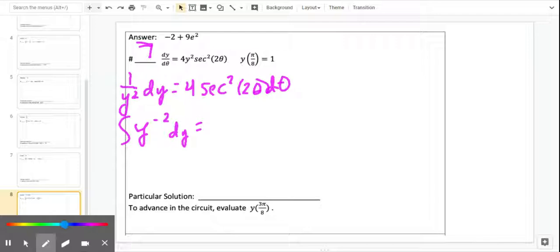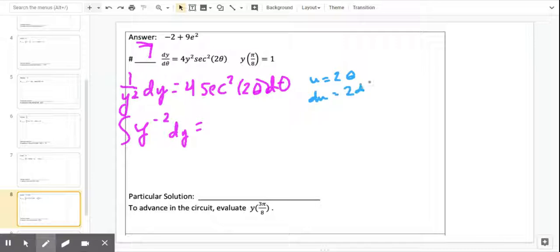So I'm going to let u equal 2 theta. So then du is 2 d theta. So then 1/2 du equals d theta.